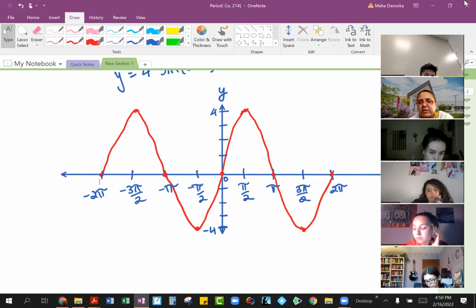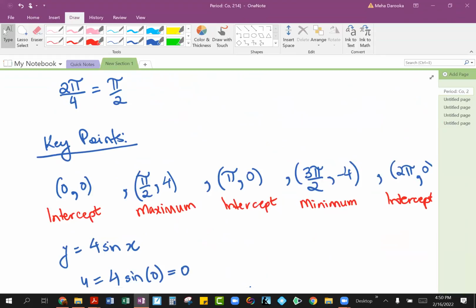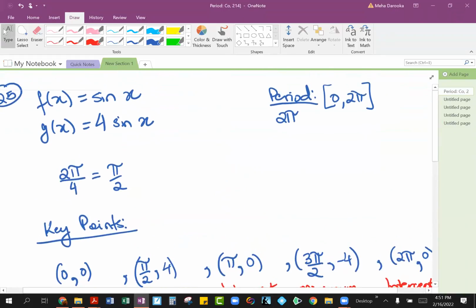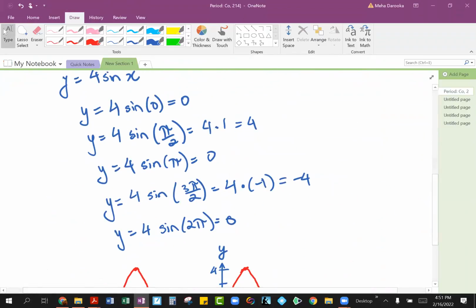I would still calculate, take my period divided by 4 so I can break it up into 4 equal parts, do your 5 key points. That way, at least, you know where your maximum, minimum, and intercepts are going to fall. So I would still do the calculation part of it.